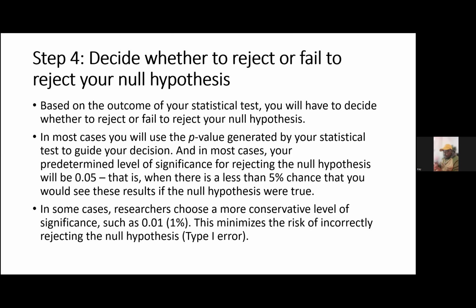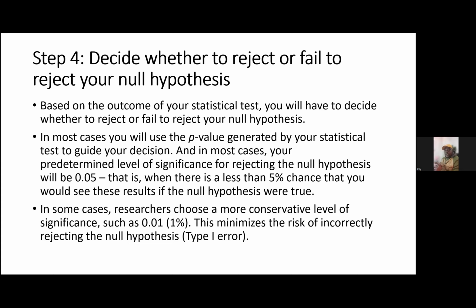Based on the outcome of your statistical test, you will decide whether to reject or fail to reject the null hypothesis. In most cases, you will use the p-value generated by your statistical test to guide your decision.